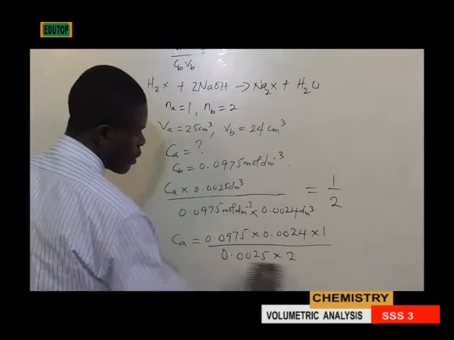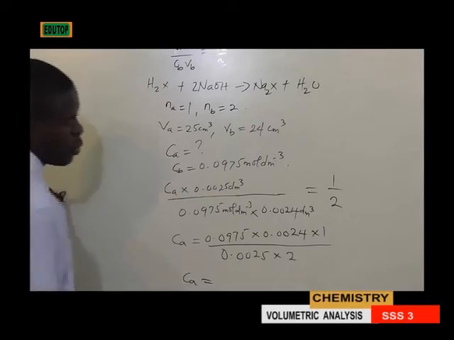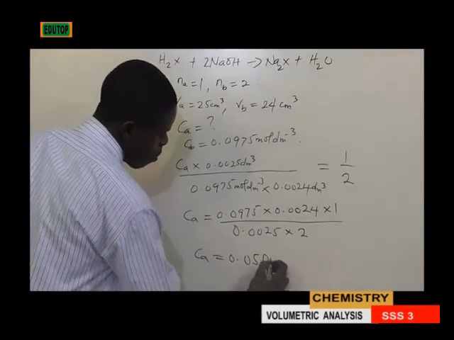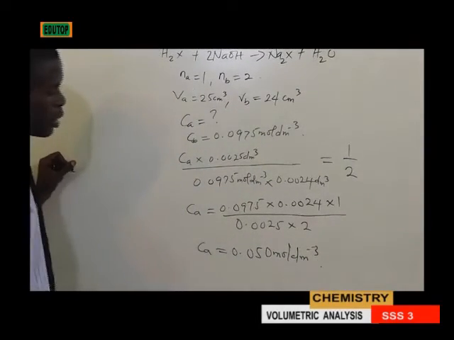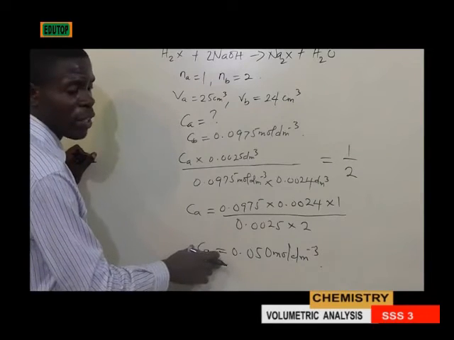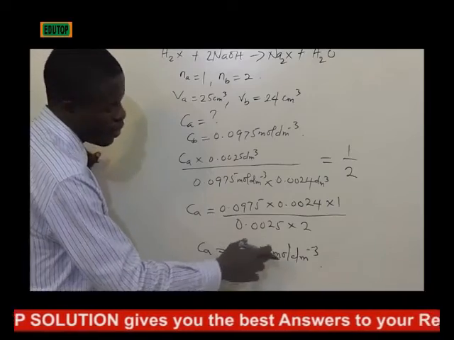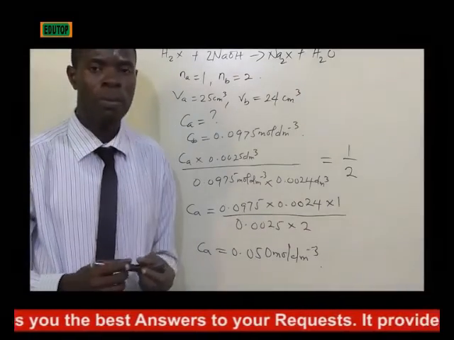And when we do this arithmetic, it will amount to the concentration of this to be 0.050 mole per dm cube. Therefore, the concentration of the acid, which is A, is 0.50 mole per dm cube.